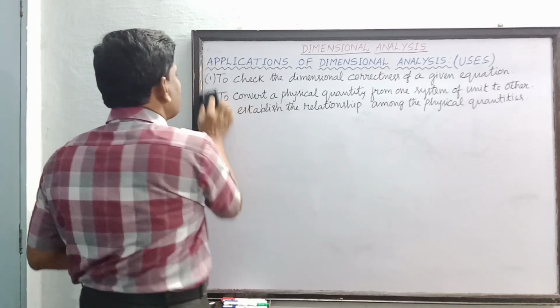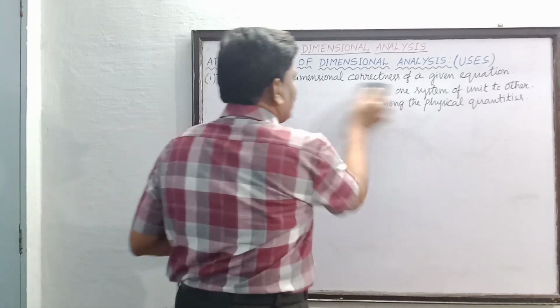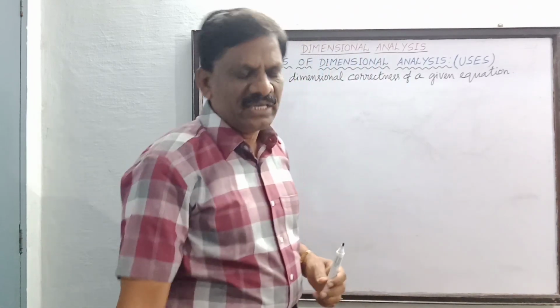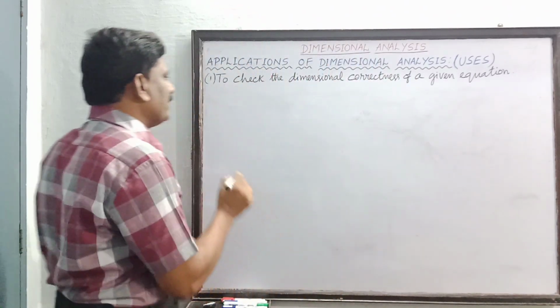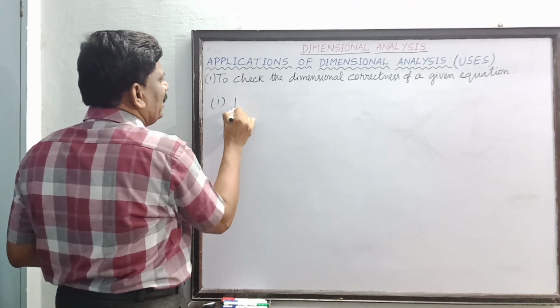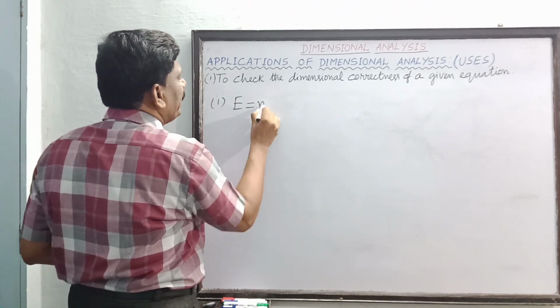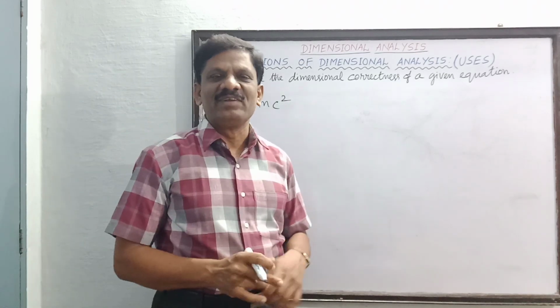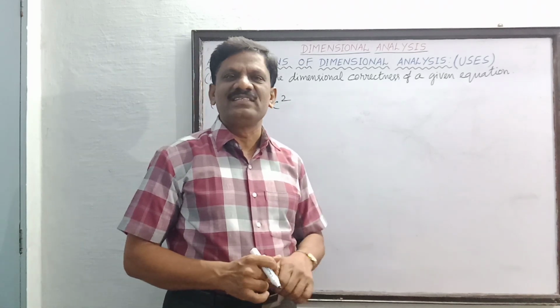First, I am going to explain how to check the dimensional correctness of a given equation by taking a few examples. The first example, let us take E is equal to mc square. This is a very famous equation given by Albert Einstein, called the mass-energy relation.